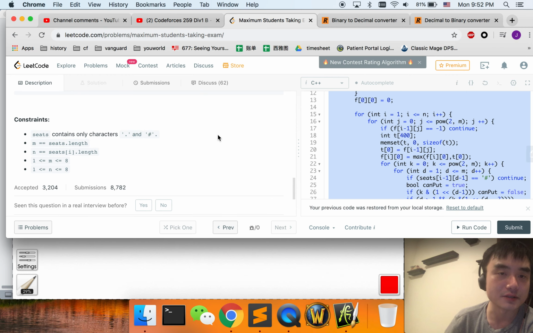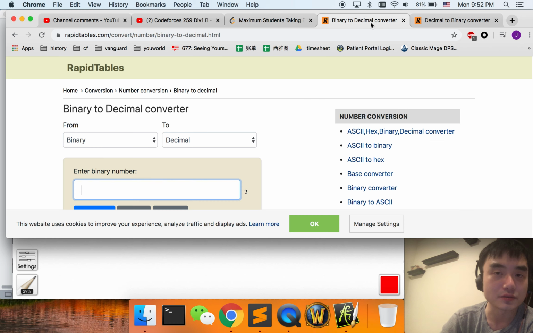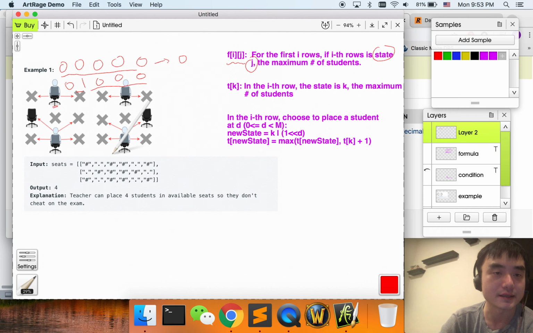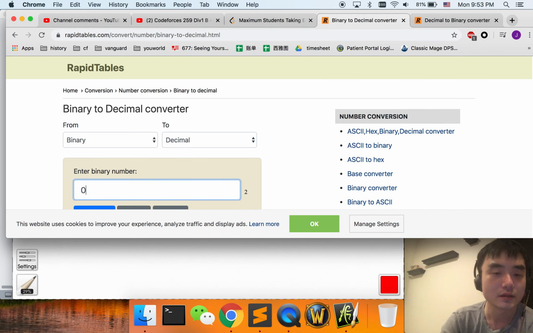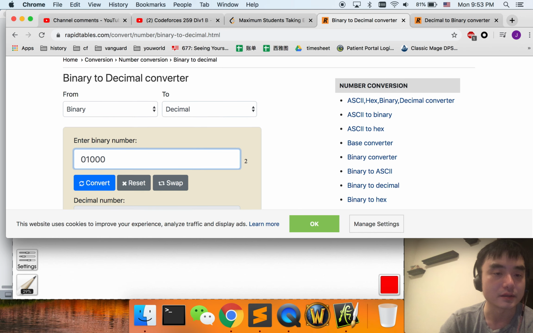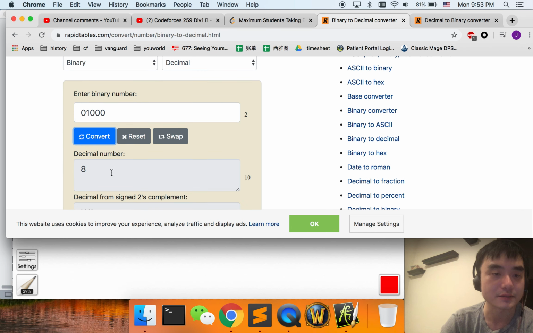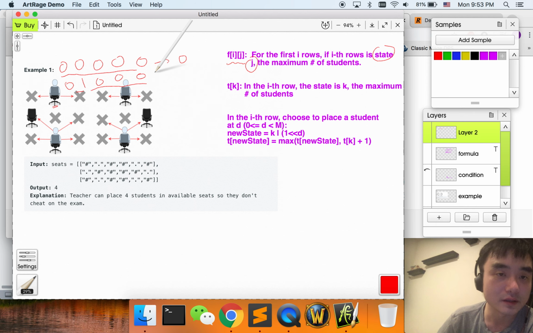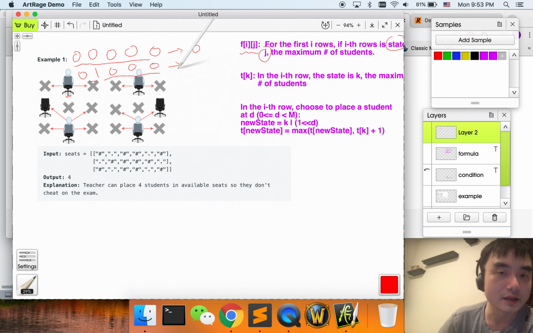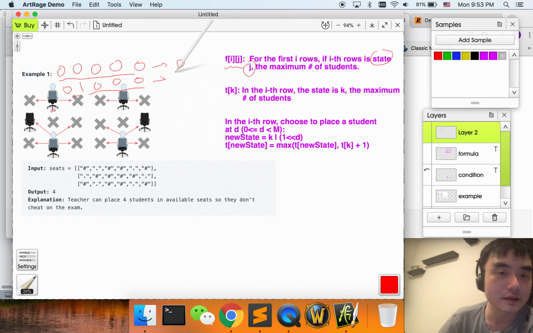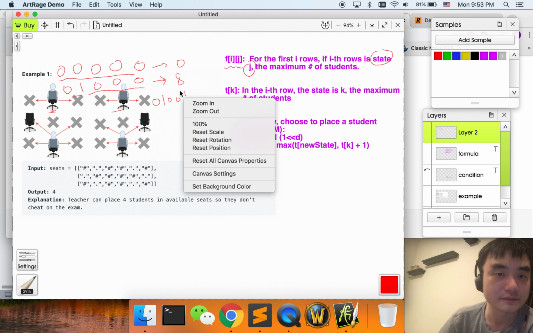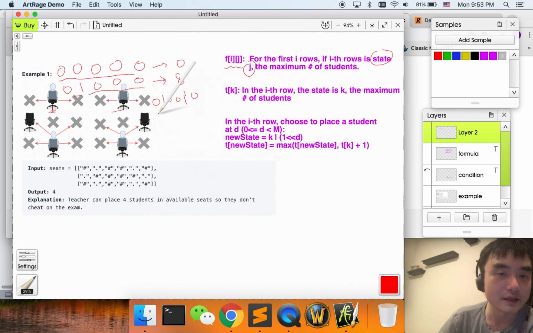So let's translate it into decimal. That is 0, 1, 0, 0, 0, right? So in decimal it's 8, right? And what about if these two seats are occupied? It means in binary it's like this, right?